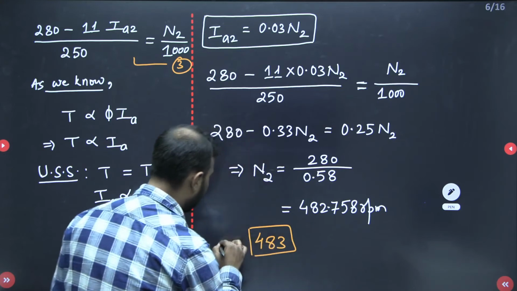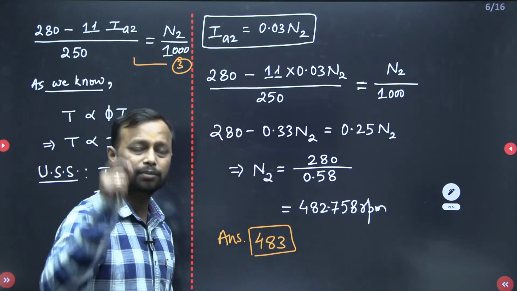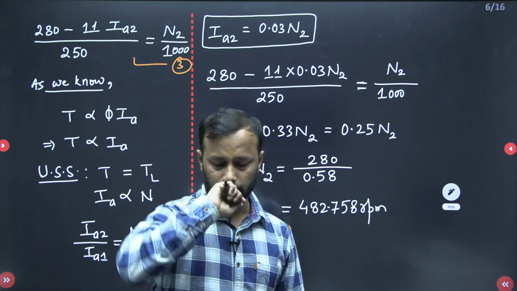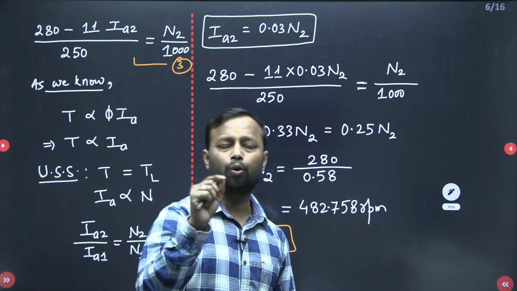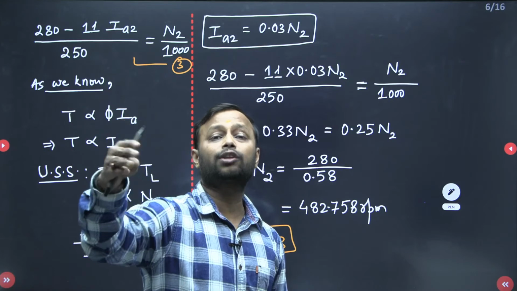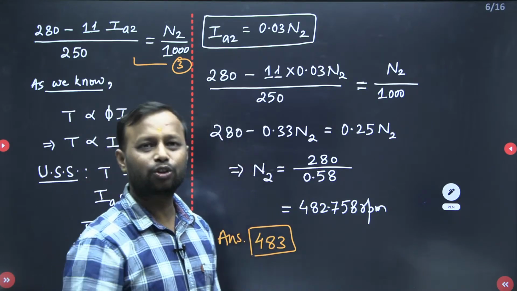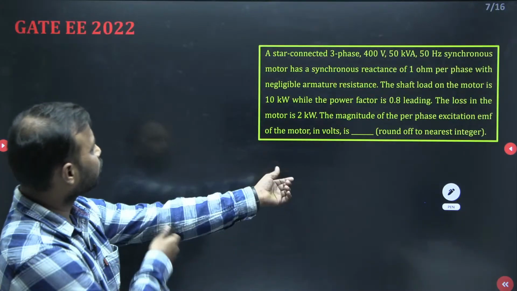Now this is your answer. Please be careful about the question statement, whether they are asking up to 2 decimals, the nearest integer, or in some cases the next integer. So let us come to the next question.